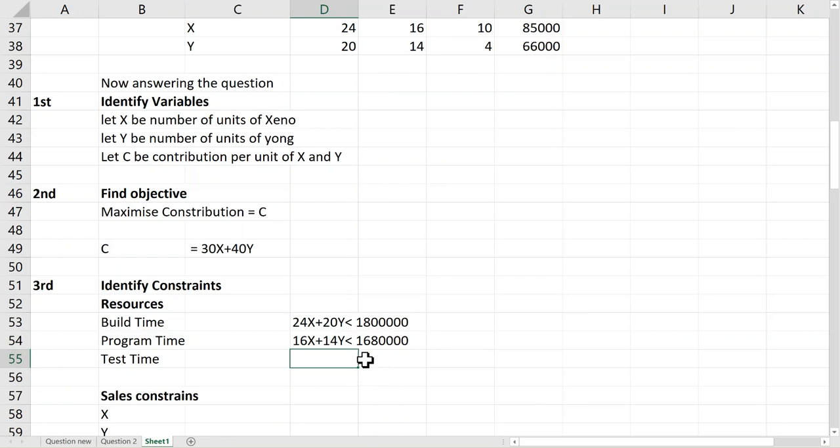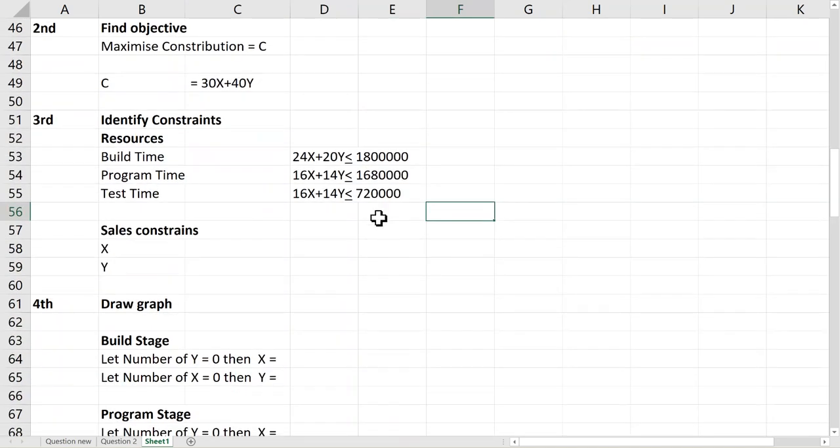Next is test stage, doing the same, but test stage is 720,000 minutes. So remember, this is not less than only, it can be equal or less. There is no sign for it here, so I'm just underlining it. And it is 10 and 4.